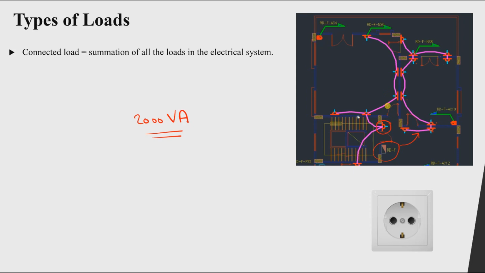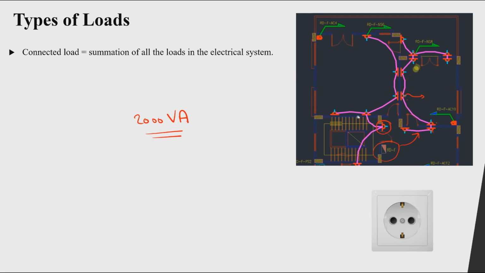Actually, in reality, they are not going to be used at the same time, because if you look at any room or any apartment, you will never find these sockets working at the same time. I can, for example, connect here my charger for my mobile phone or for my computer, and the rest will not be used, right?